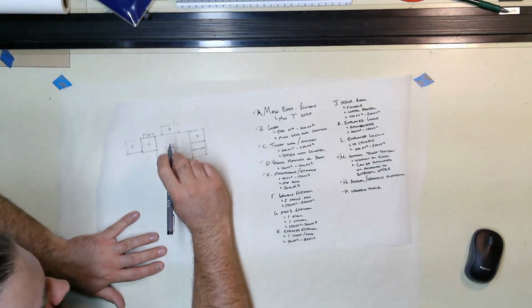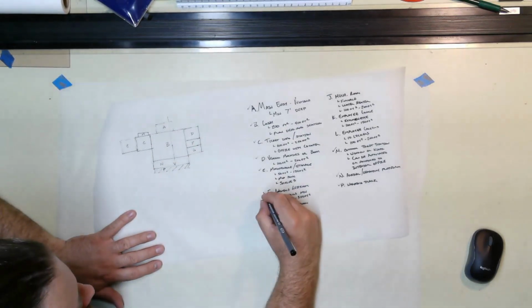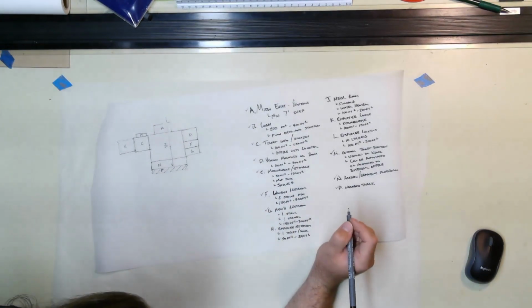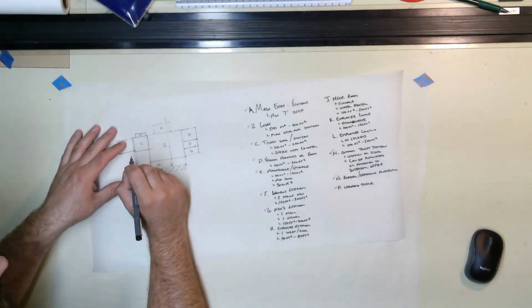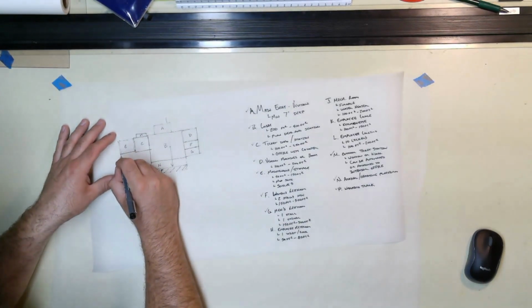And like I said, don't pay attention to your square footages yet. I mean, a little bit, if you can kind of rough it in, that's fine. But don't get hung up on trying to make them perfect, if that makes sense.